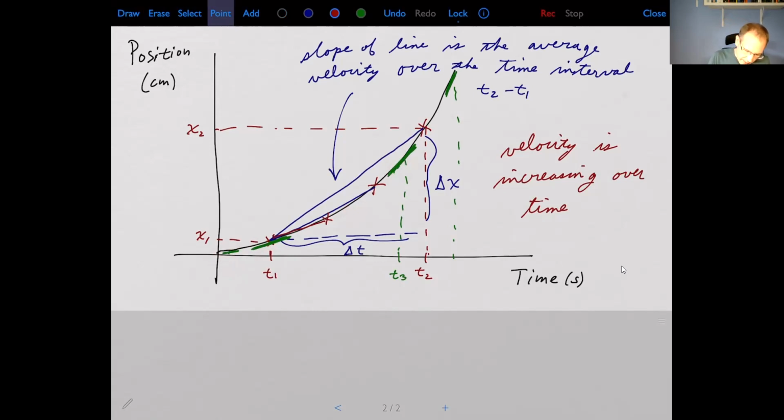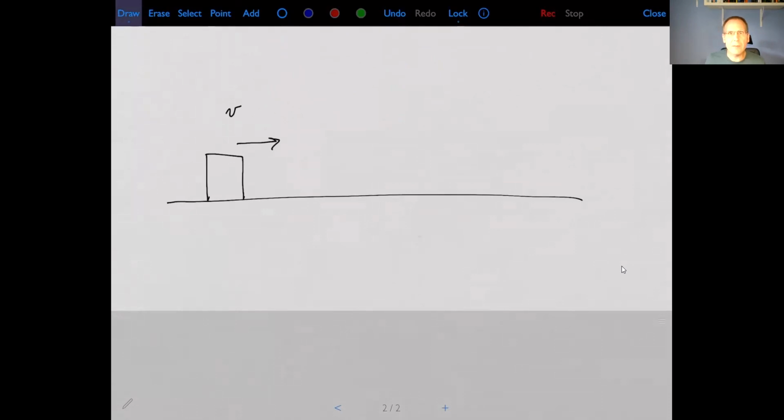Okay, another definition. Let's say now that I have a cart, let's say it's moving with some initial velocity.